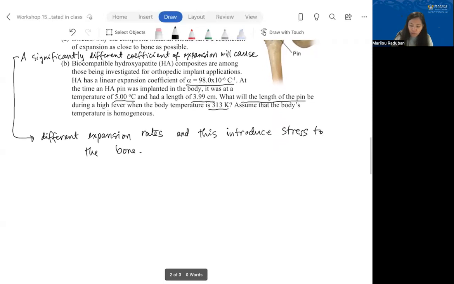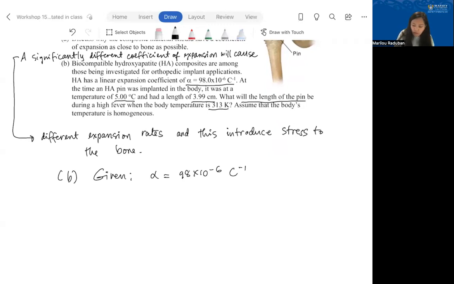Okay, so let's write down the information that we know. So this is for question B. We're given the coefficient of linear expansion alpha, 98 times 10 to the minus 6 per Celsius degree. We're also given the initial temperature, 5 degrees Celsius. We're given the final temperature, which is 301.3 Kelvin.